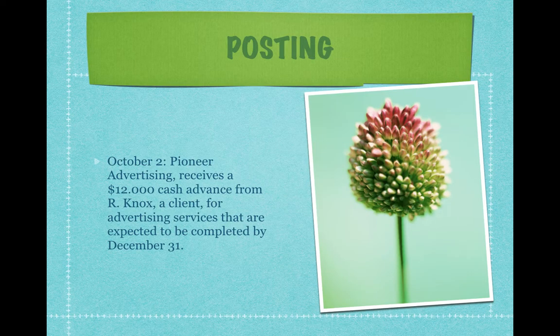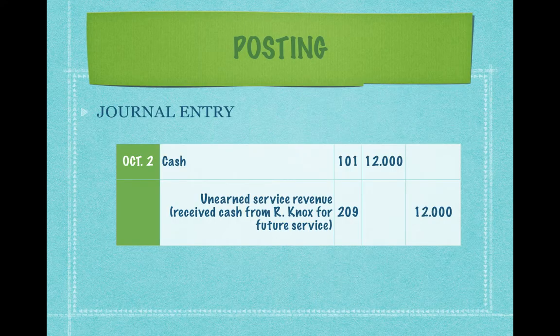The first case is October the 2nd, Pioneer Advertising receives a 12,000 US dollar cash advance from Arnox, a client for advertising services that are expected to be completed by December 31. So this is the journal entry for the first case.